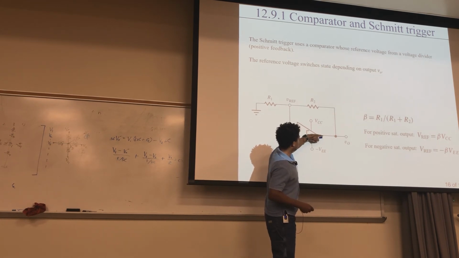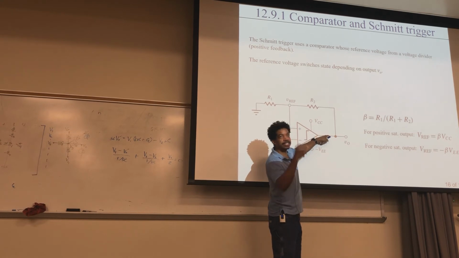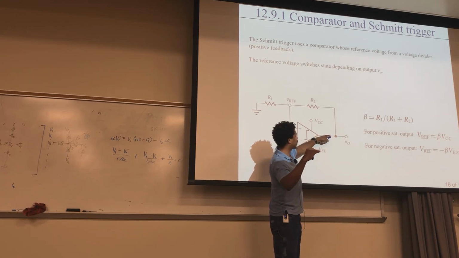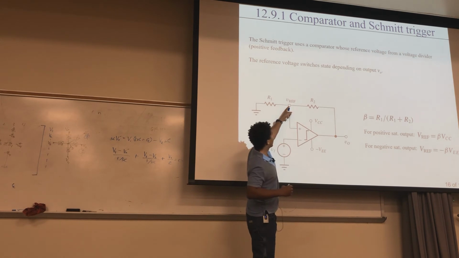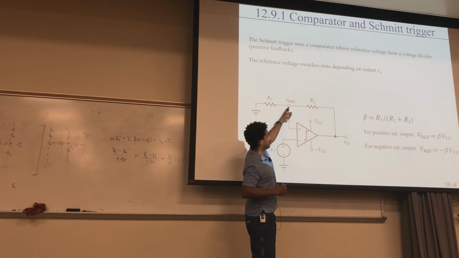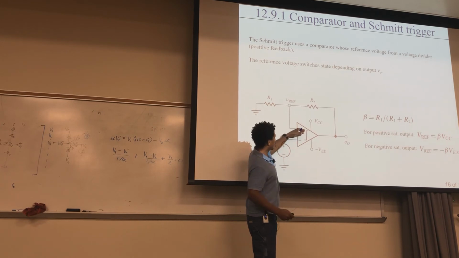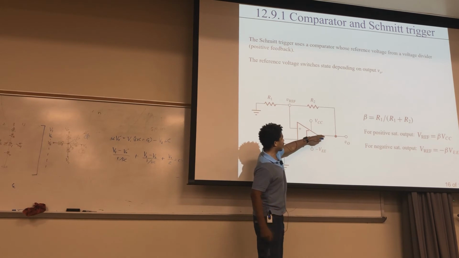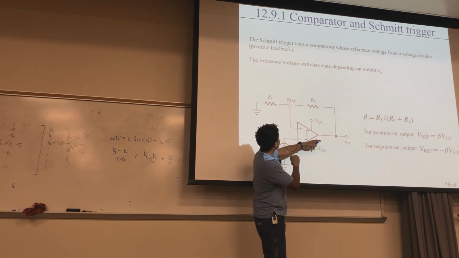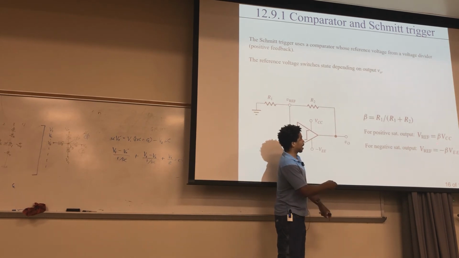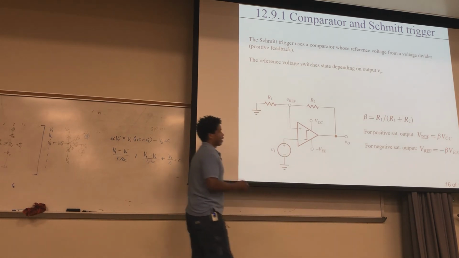This is going to be your VCC, but what this becomes is a fraction of VCC, which is beta times VCC. Now, if you did a comparison and it fell low, then that would be at your negative VEE, but then this right here will be a fraction of that, so that reference would then become negative beta VEE, okay?